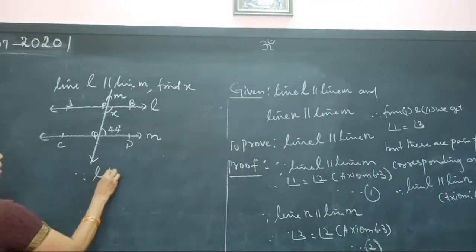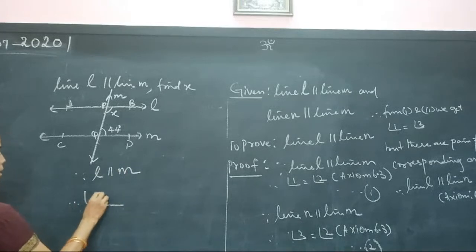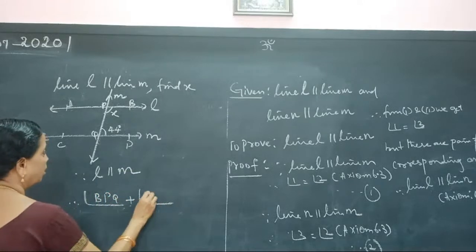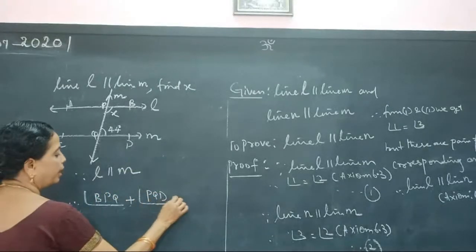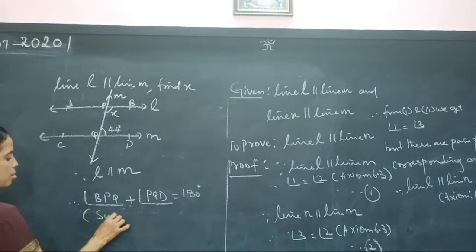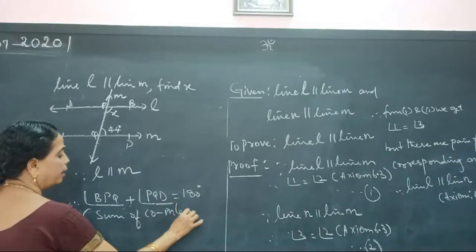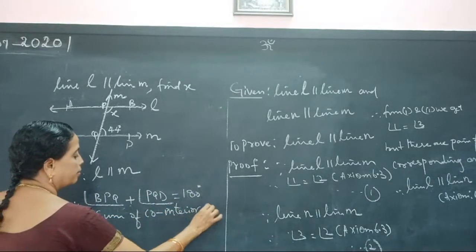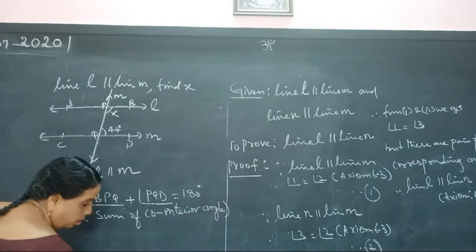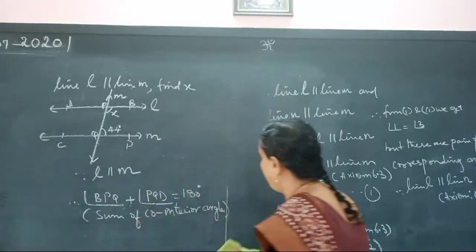Since L is parallel to M, therefore angle BPQ plus angle PQD equals 180. Write the reason: sum of co-interior angles. Now it is clear. We can apply the values there.